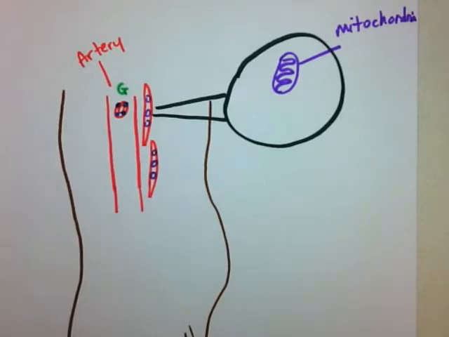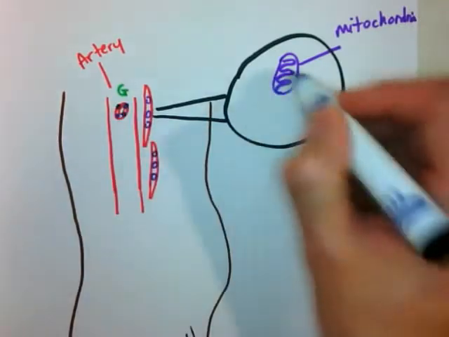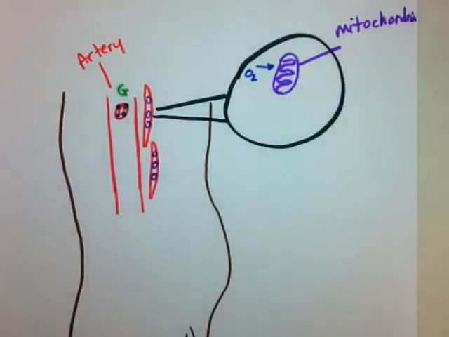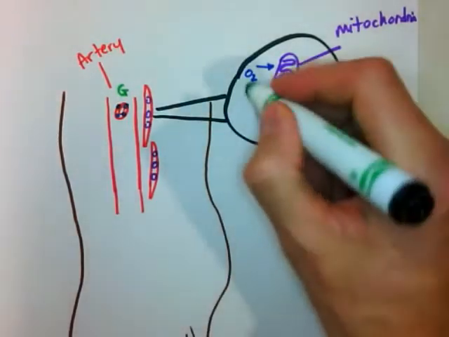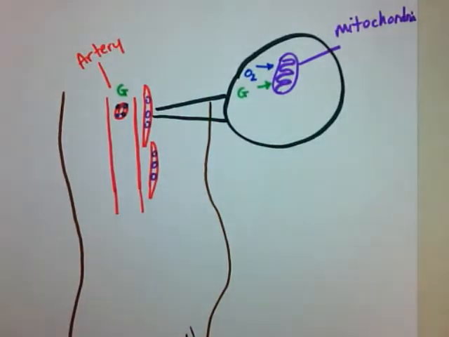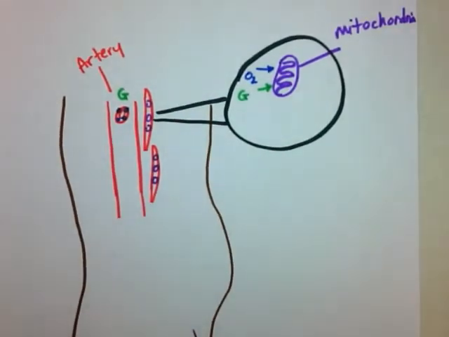Just as a quick review, the oxygen from the red blood cells goes into the mitochondria. Glucose also goes inside the mitochondria. And as a result, you have these other compounds that come out.